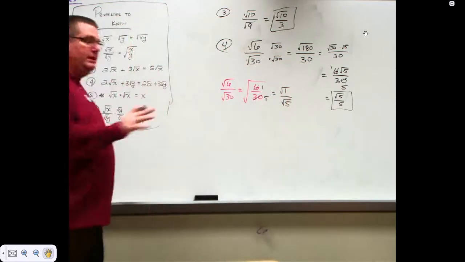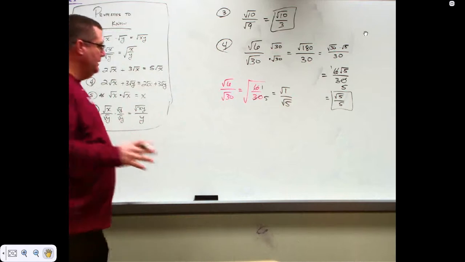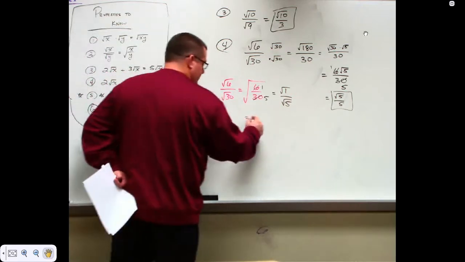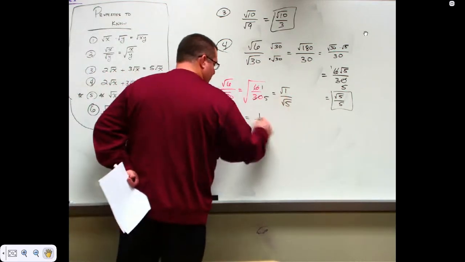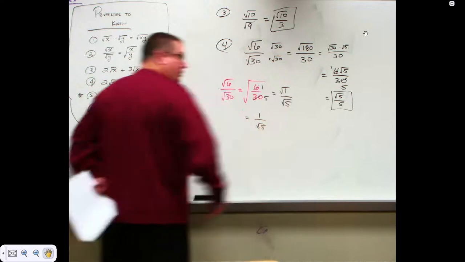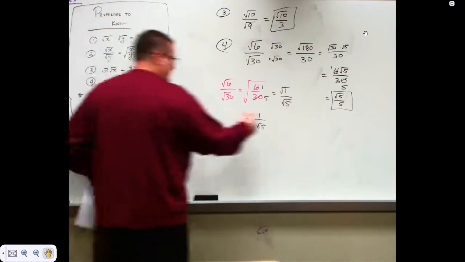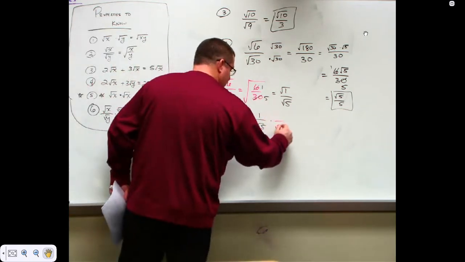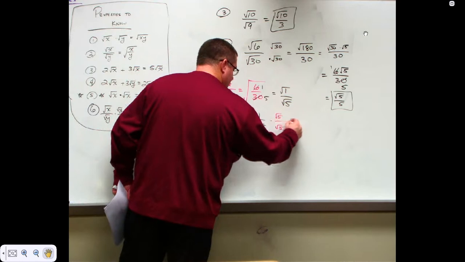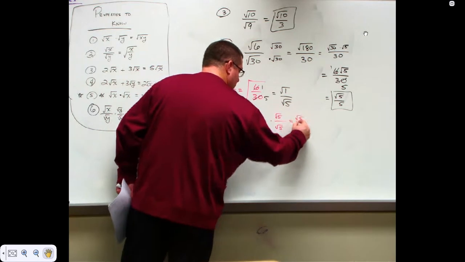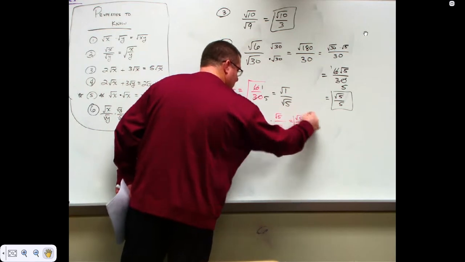You can't just get rid of the square root somewhere unless it's a perfect square. What is the square root of 1? So it's 1 over square root of 5. Are you done? You're in great shape except for what? There's a radical on the bottom. Do I get the same answer?